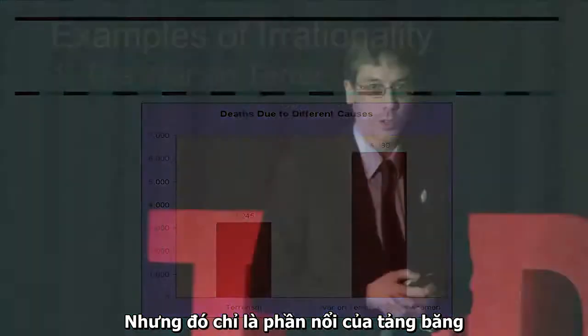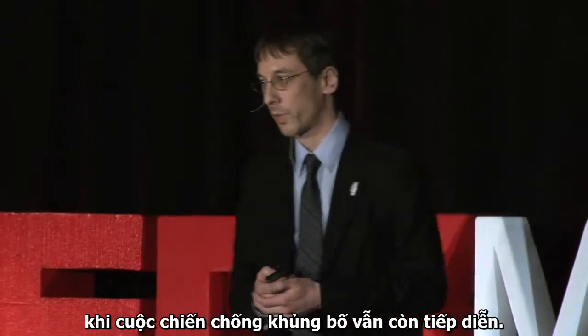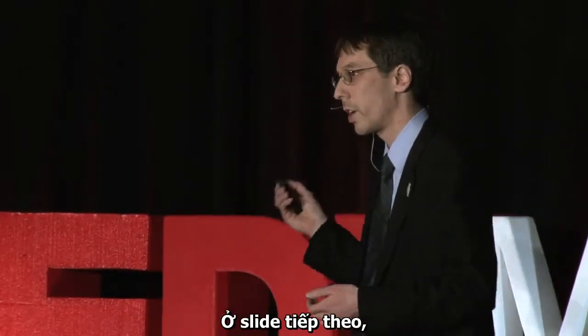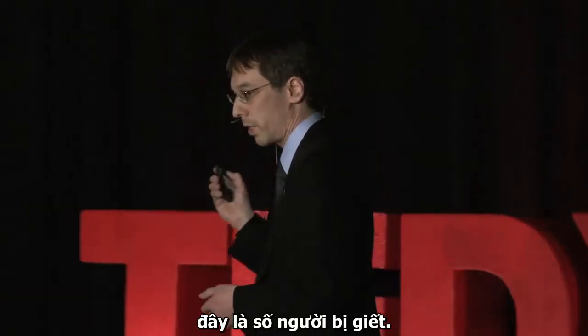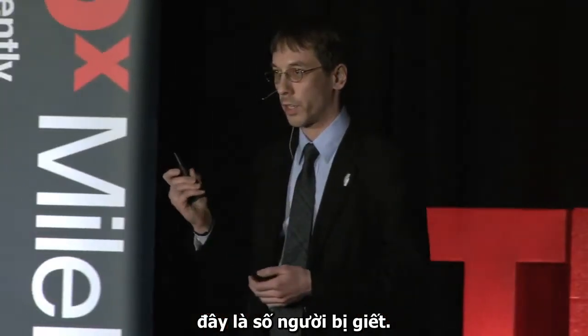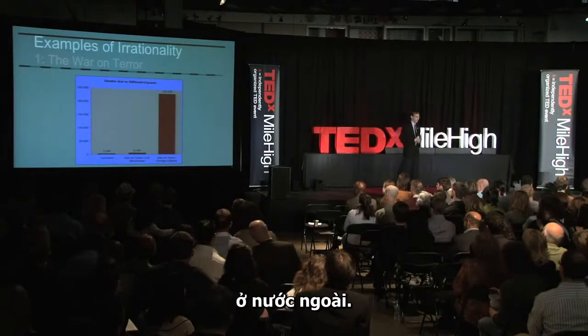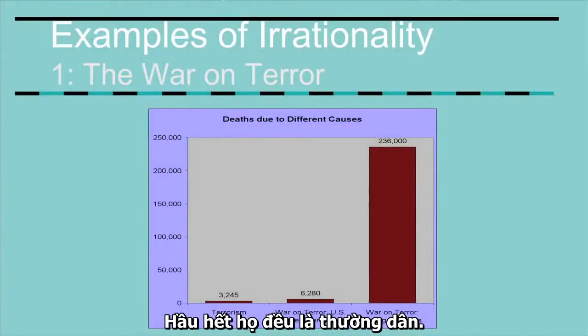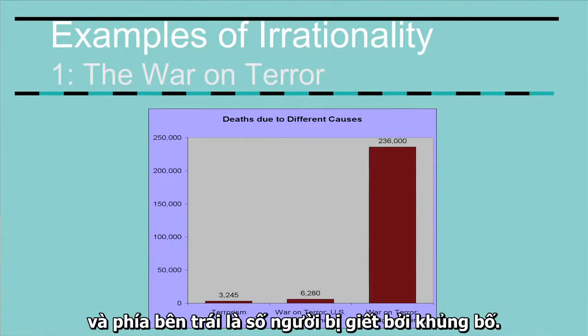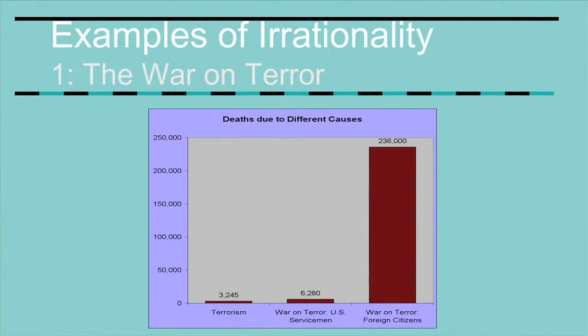But that is actually only the tip of the iceberg as far as the cost of the war on terror goes. On the next slide, on the far right, are the people who have been killed in foreign countries, most of them civilians. It's over 230,000. And again, on the left, you have the people who were killed by terrorism.